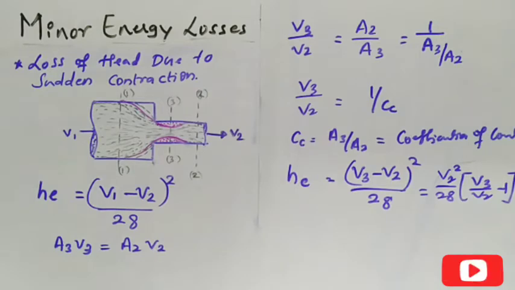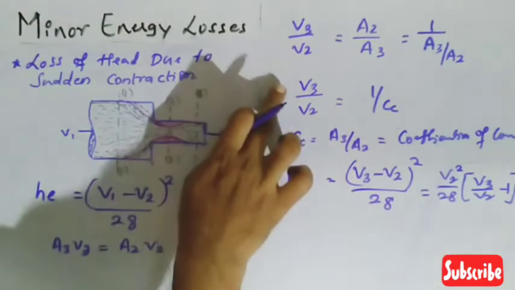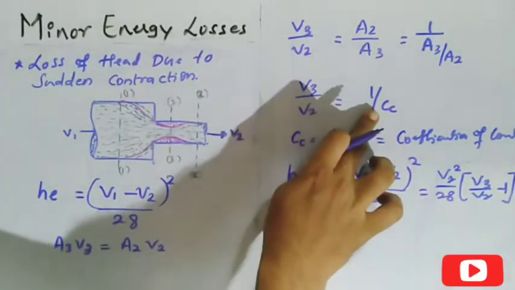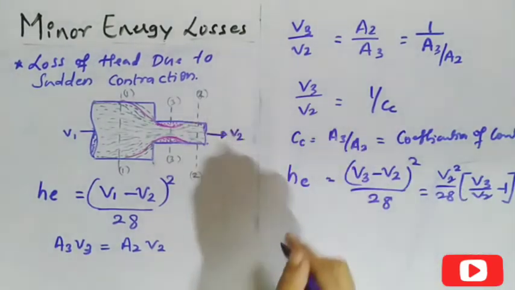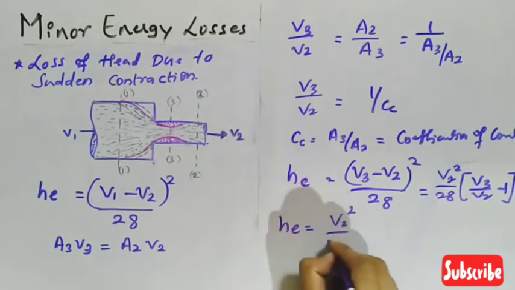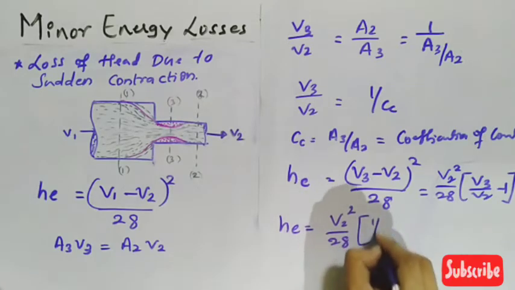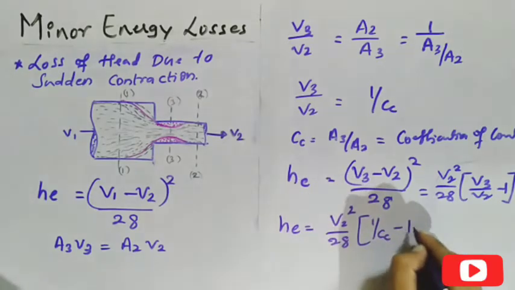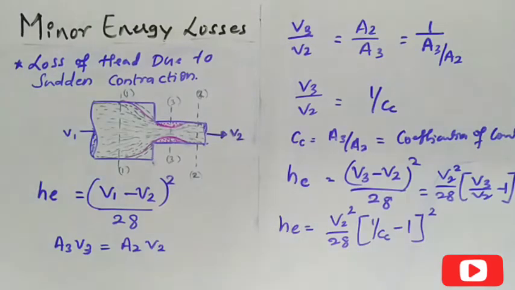Now let us substitute this V3 by V2 in equation 1. We have already calculated V3 by V2, that is 1 by Cc. Now HE will be equal to V2 square divided by 2g, into (1 by Cc minus 1) whole square.